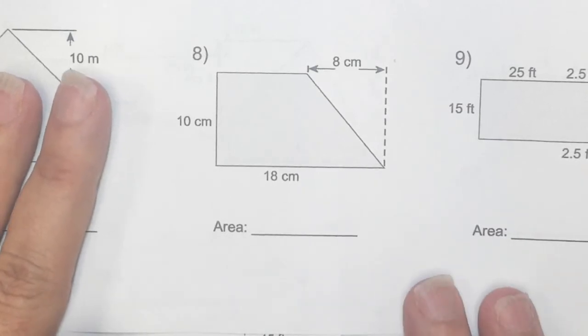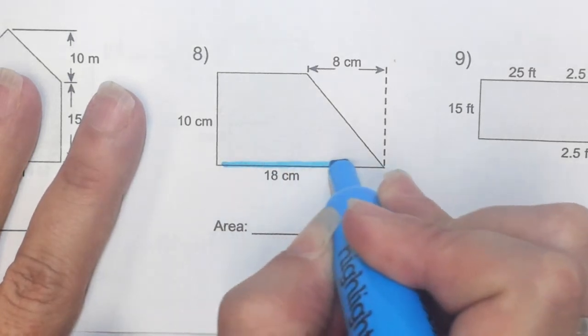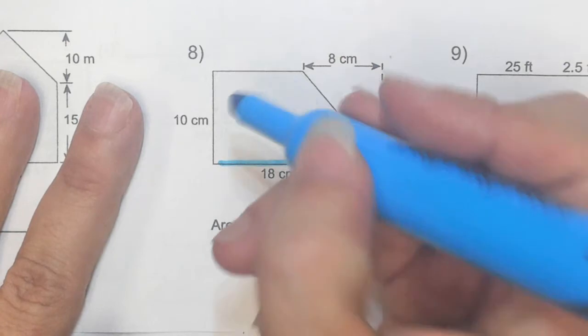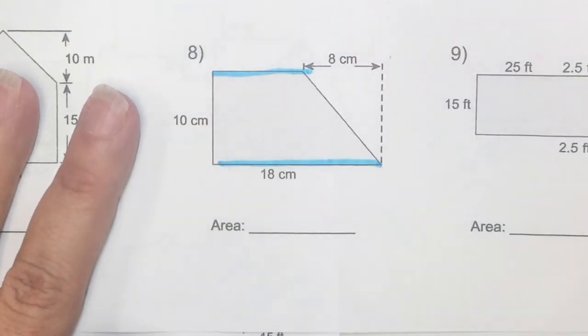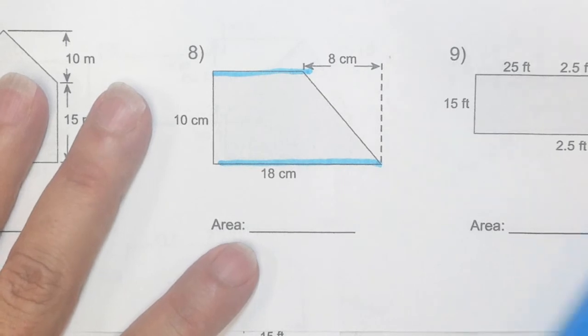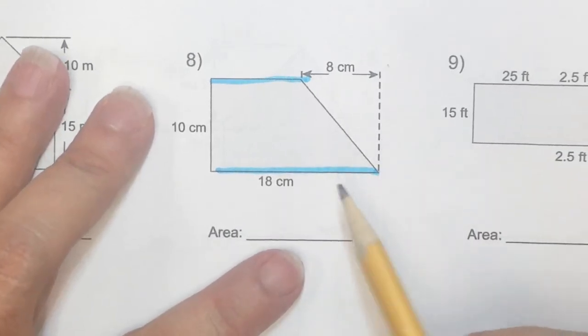Please look at number 8. You need 2 bases that run like railroad tracks. Well, one is 18, but we got to figure out what that one is. Why would it be 10? Because you're subtracting the 8 right there.